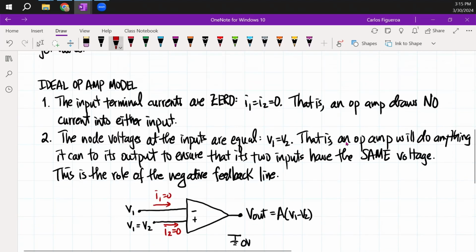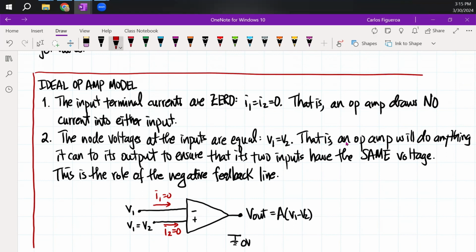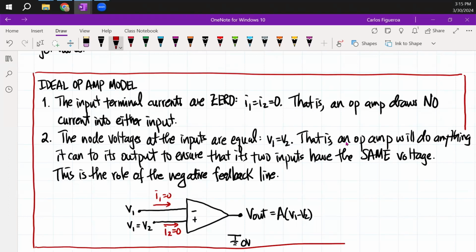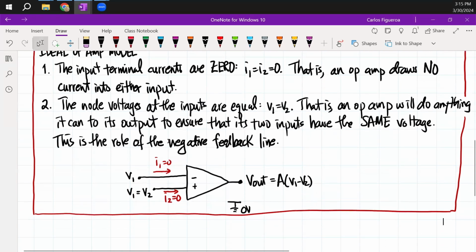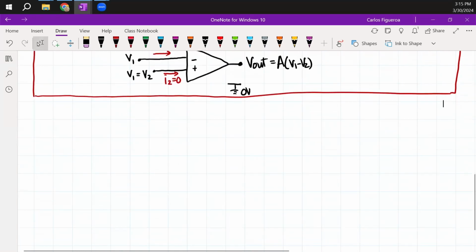I want to box this because this is an important one. That's the model we really want to go after, and you will be an expert at it by the end.